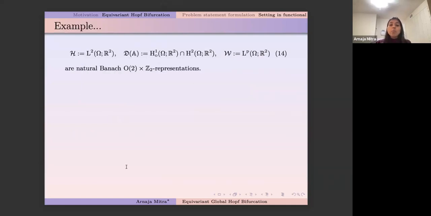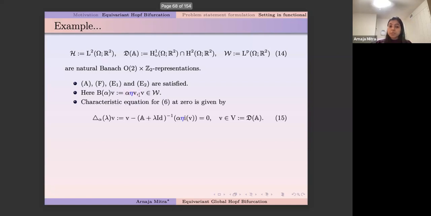So if we go back to our parallel example, we change everything, whatever space we have, to a functional space H and D of this functional space for our operator and the other functional space. And moreover, here our gamma is O2 times Z2. And naturally you will see all our assumptions are satisfied for this case. If you take the linearization of your right-hand side, you will get only alpha eta b, that is the linearization of the system.